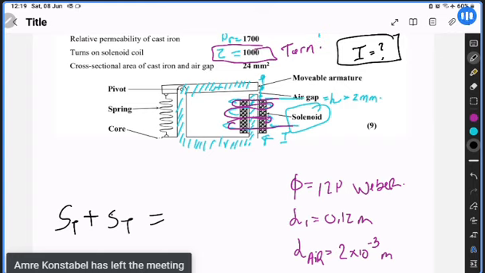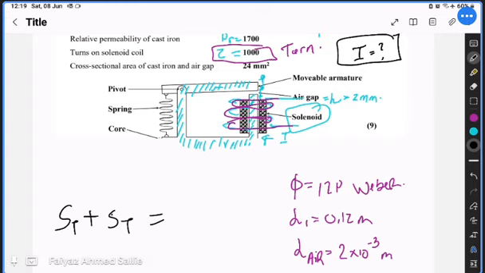I've got this formula for field strength.